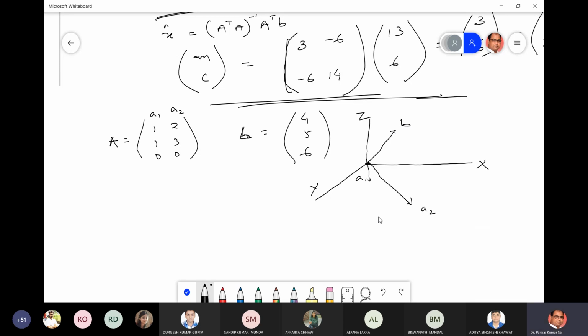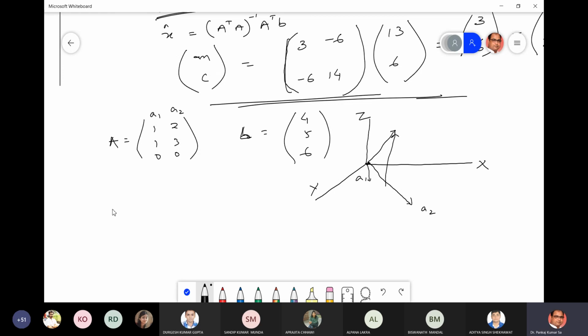The projection of this particular vector will also be on the XY plane. So what would the projection be? Obviously the projection would be 4 5 0.